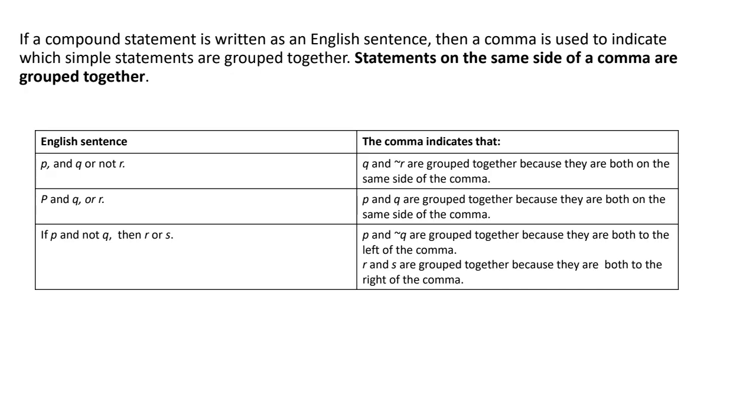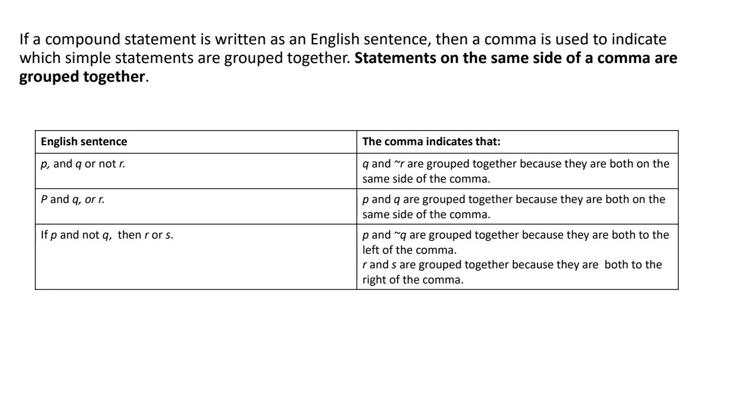In the second row, it says P and Q, comma, or R. The ones that are grouped together are P and Q because those are on the same side of the comma, to the left of the comma.